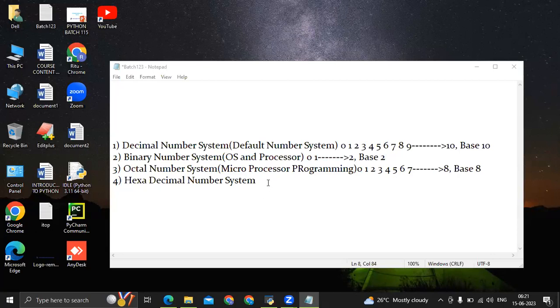Okay. Now let's talk about the hexadecimal number system. It is used in development of OS.